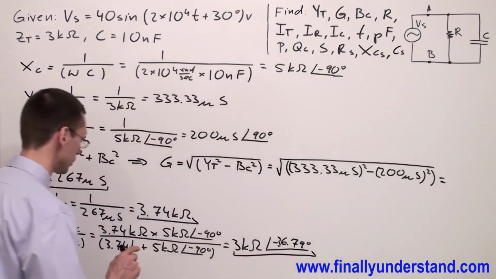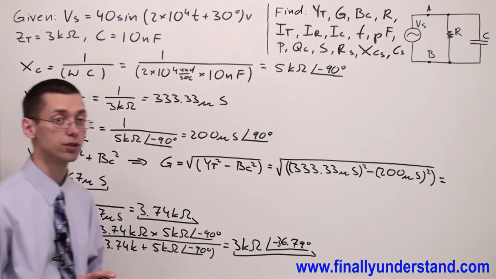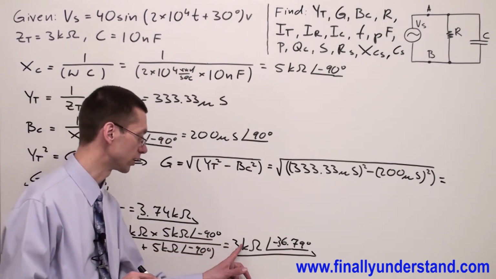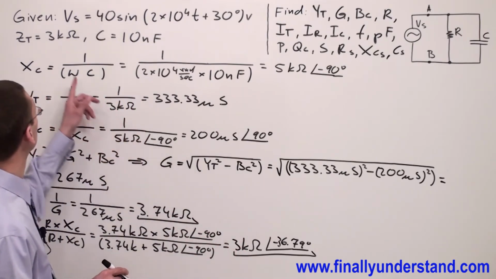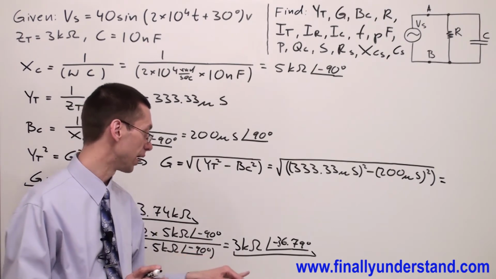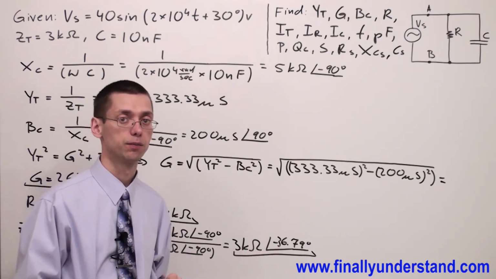So please notice that our calculations are correct because our total impedance is equal to 3 kilo ohms. So I have 3 kilo ohms given, okay? So far I'm okay. Plus, I got the angle.